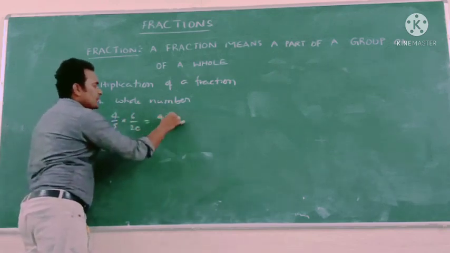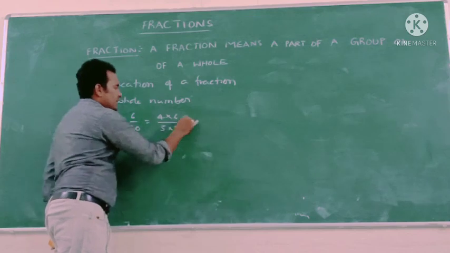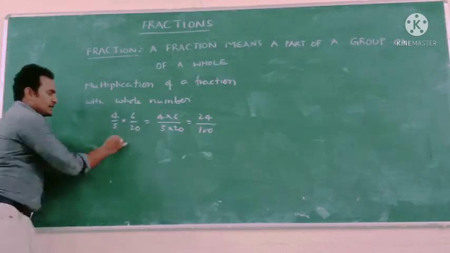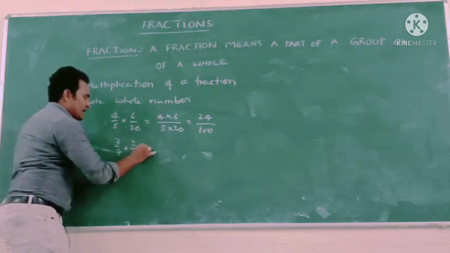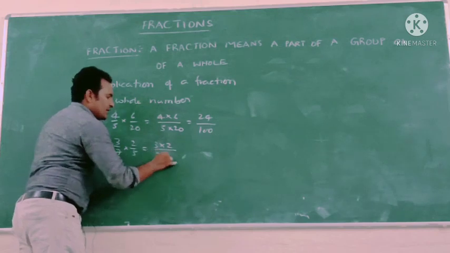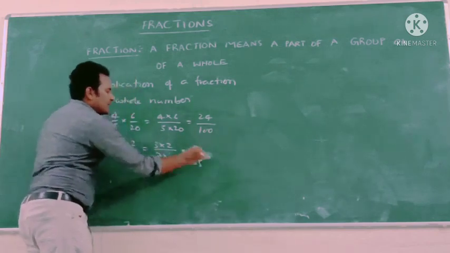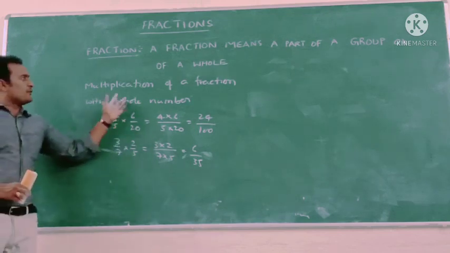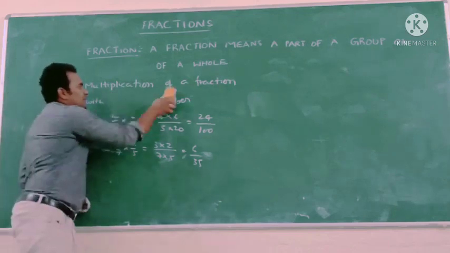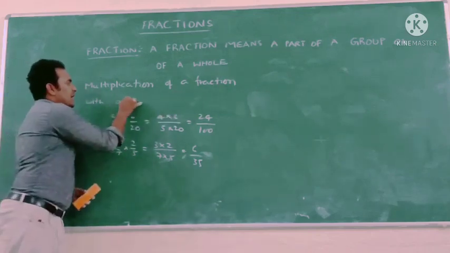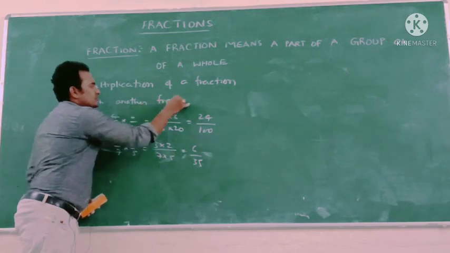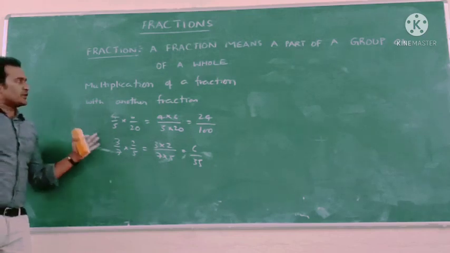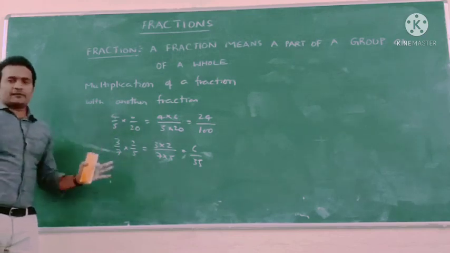How much? 4 into 6 by 5 into 20, that is 24 by 100. In the same way, 3 by 7 into 2 by 5, 3 into 2 by 7 into 5, that is 6 by 35. So these are some examples of multiplication of a fraction with another fraction. I think you have all understood well.